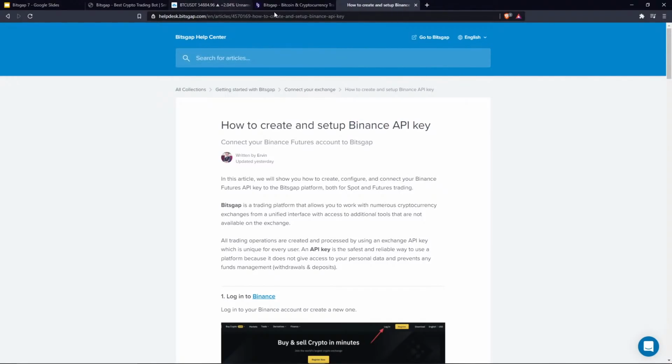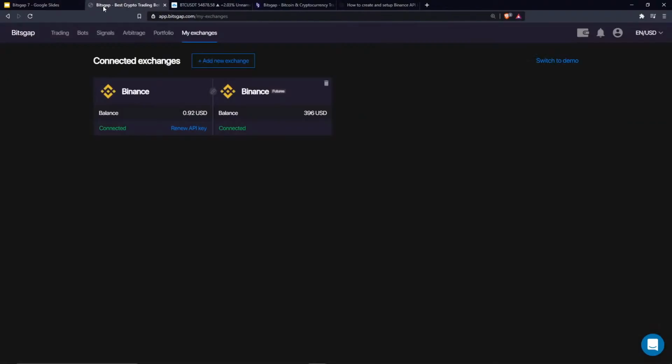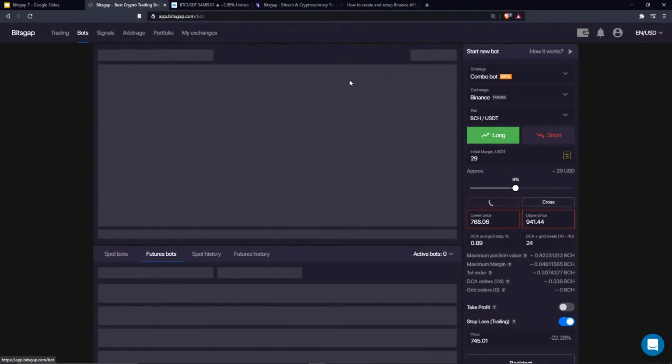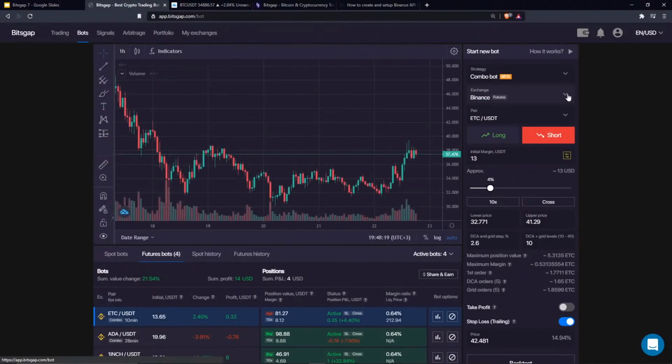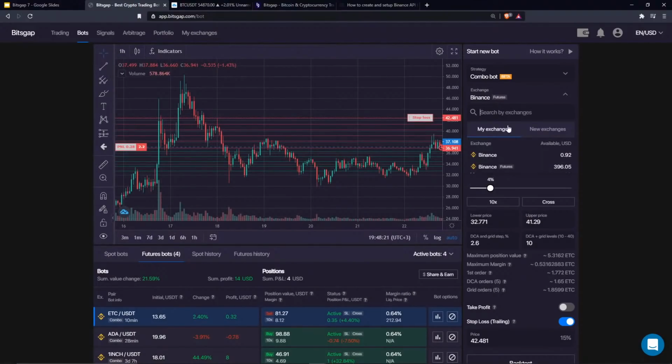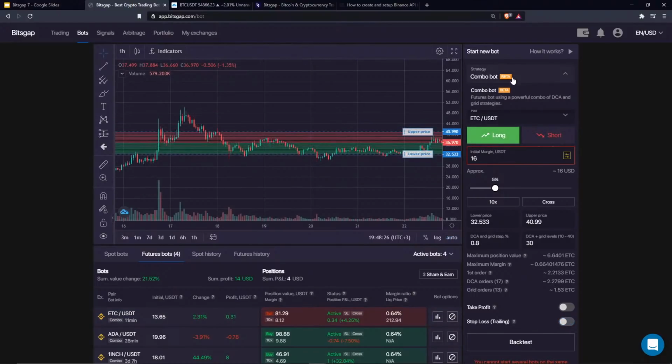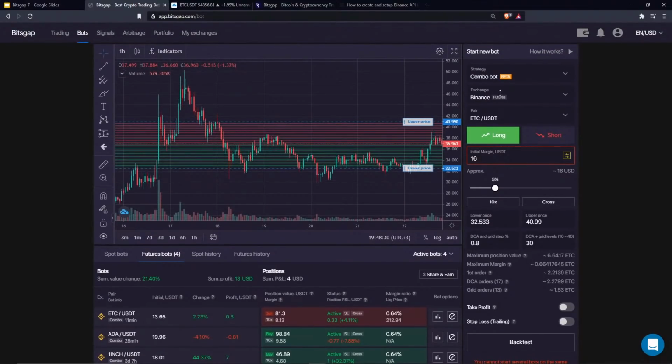You can trade the futures bot only if you have the Binance futures API enabled, as in my case. You see I switched to futures and now I can trade the Combo Bot. Check if you have Binance futures enabled.